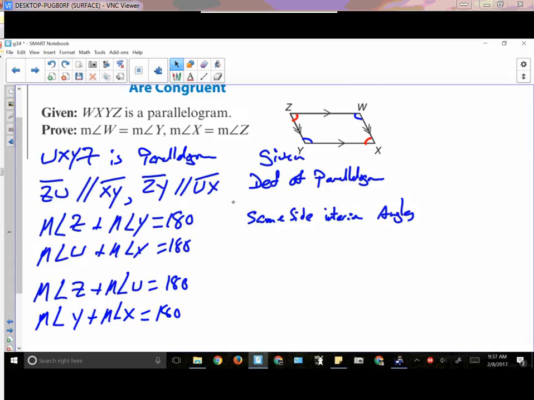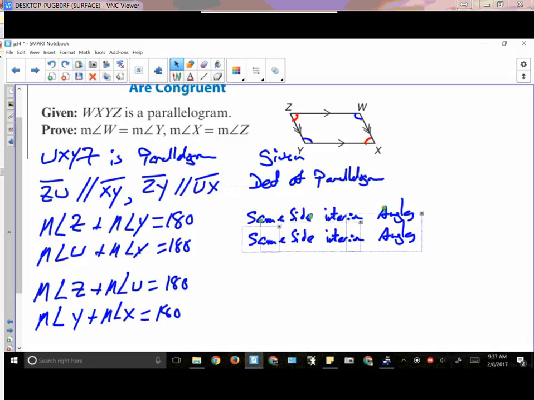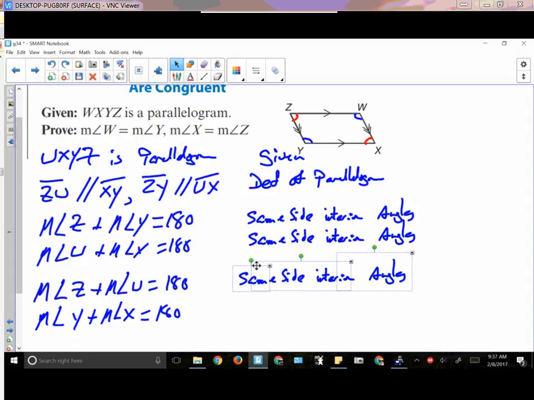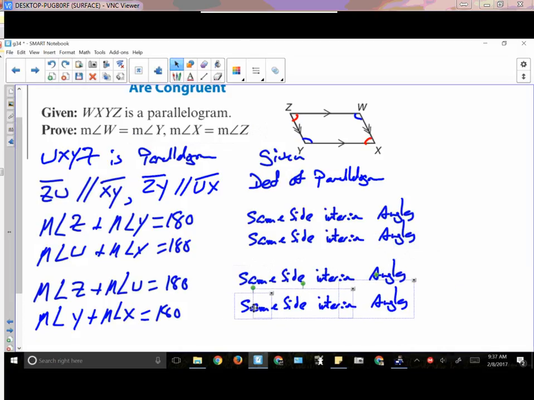Okay. That all came from just this one statement. Knowing that opposite sides were parallel allowed me to go and make all four of those statements. Now you're going, yeah, so what?